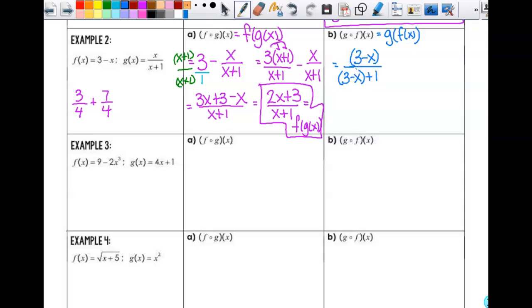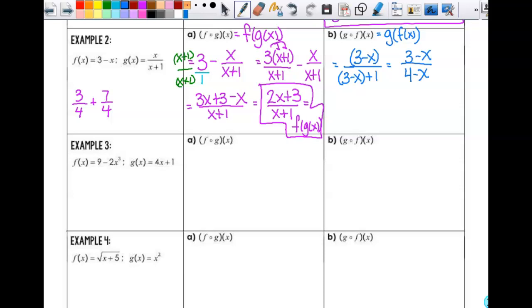Is that what you got when you substituted it in? Because those parentheses represent where that x was. So in the numerator, I don't really need the parentheses, just 3 minus x. In the denominator, I don't need them either. And then that 3 plus 1, I'll get 4 minus x.